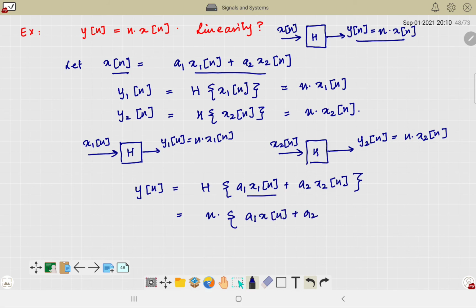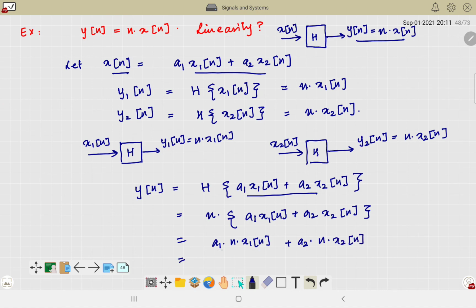So in response to this input, it will give you this output. If I expand the brackets, it will be a1 times n x1(n) plus a2 times n x2(n).